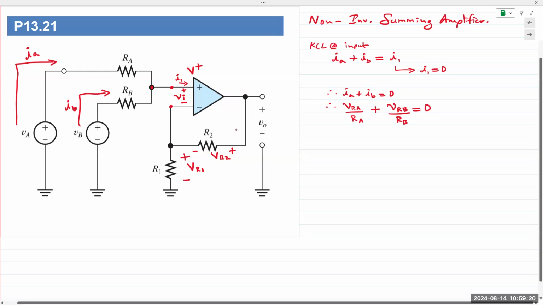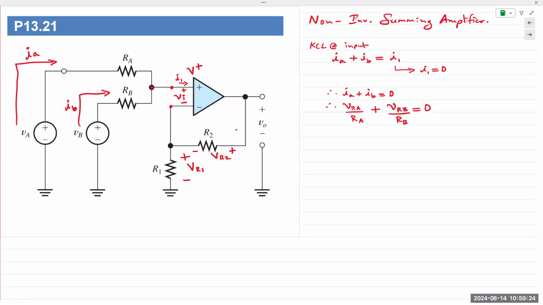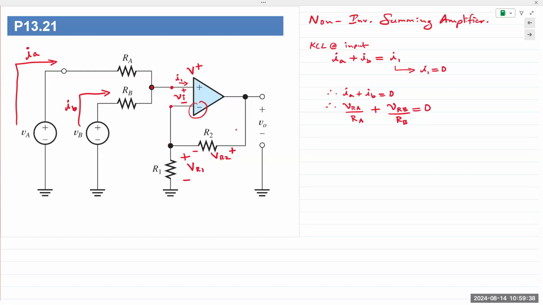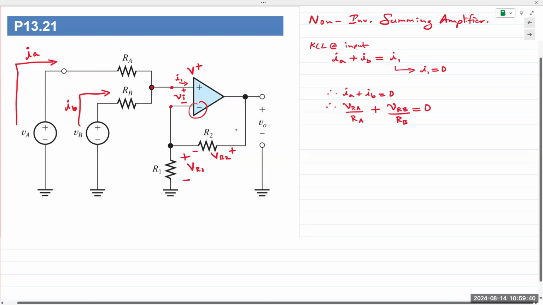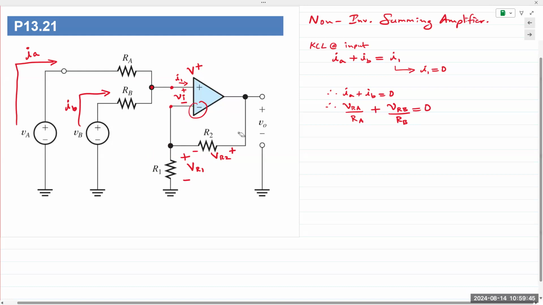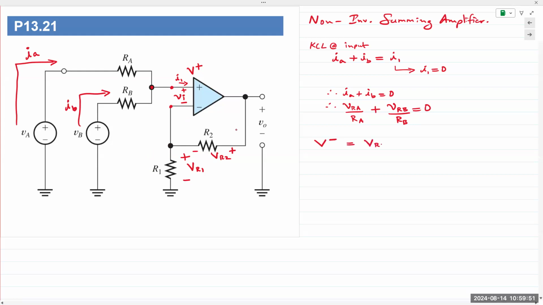Virtual short, virtual ground concept. One terminal connected to ground, the other terminal is also virtually connected to ground. In this case, the inverting terminal is not connected to ground. The inverting terminal is connected to R1. If it is connected to R1, then the voltage at this point, of course, this is the exact same node, so the voltage at the inverting terminal, V minus, is equal to VR1.